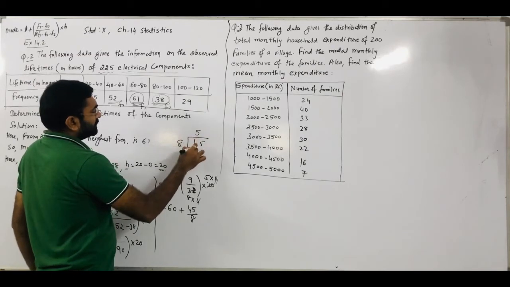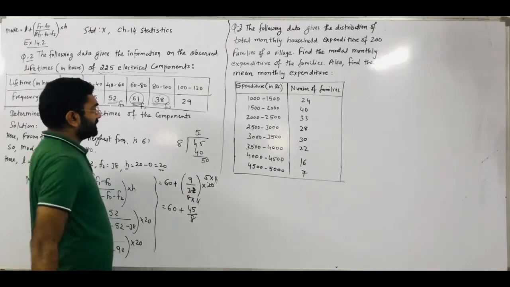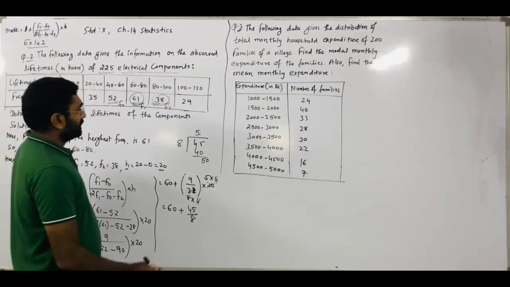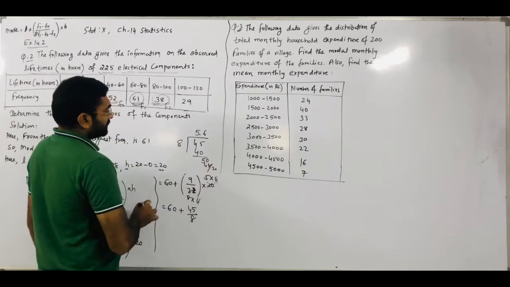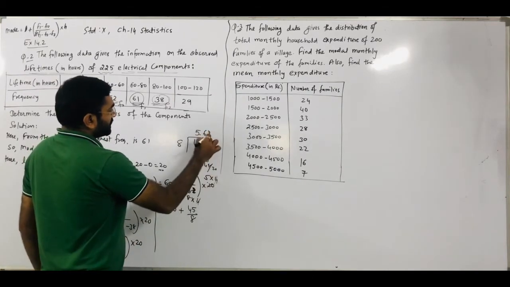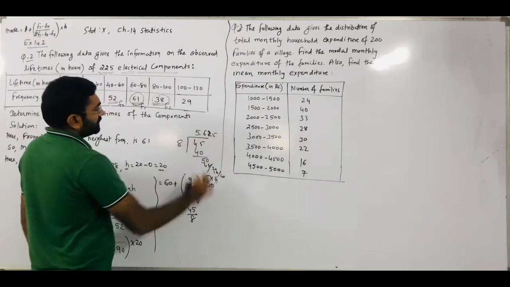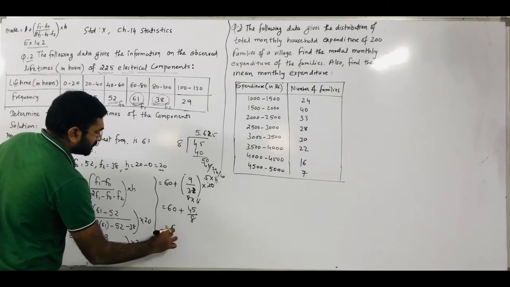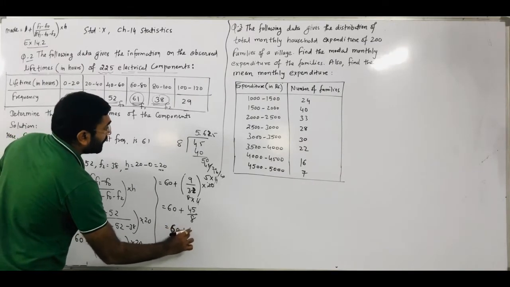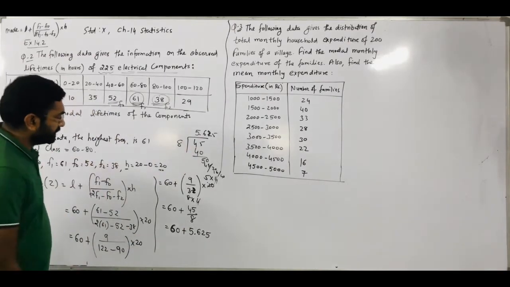Now do the division of 45 by 8. We get 5.625 as the division of 45 divided by 8.